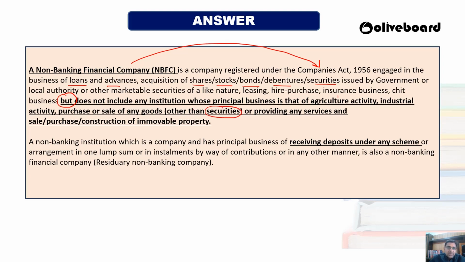So securities you can purchase and sell, but any other sale of goods and services is not included, nor providing any kind of services, sale, purchase, or construction of immovable property. You cannot, right? So an NBFC, a non-banking institution, is a company that has as its principal business the receiving of deposits under any scheme or arrangement, in one lump sum or in installments, in any manner, and is also a non-banking financial company.